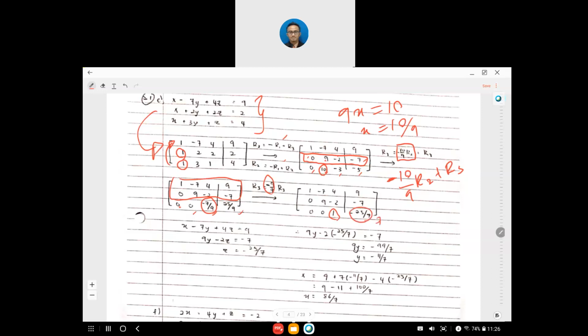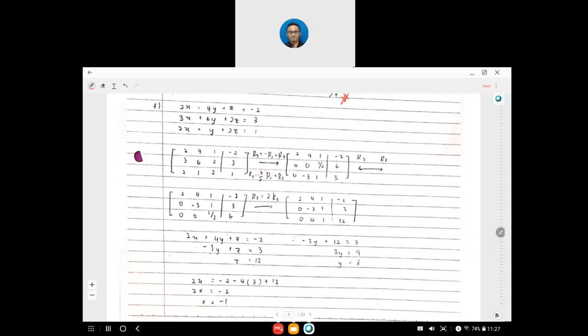So at Z, by right, in this linear system, you can get Z equal to -25 over 7. And then solving Y, you can get -11 over 7. And X, you can get 86 over 7. That one is for question E.